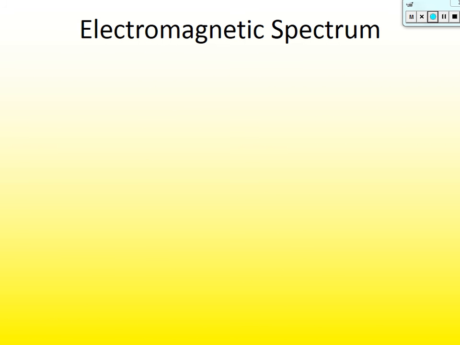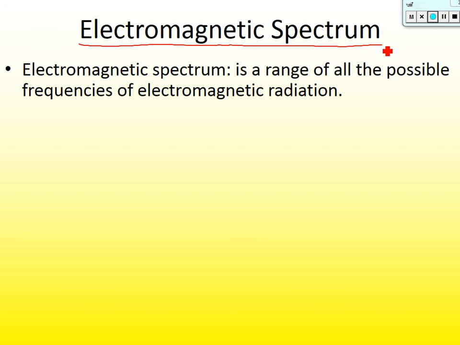Okay, I would like to finish this lesson by talking about something that's very important. The electromagnetic spectrum. Let's start with its definition. It is a range of all the possible frequencies of electromagnetic radiation, which again is just all the different forms of light.